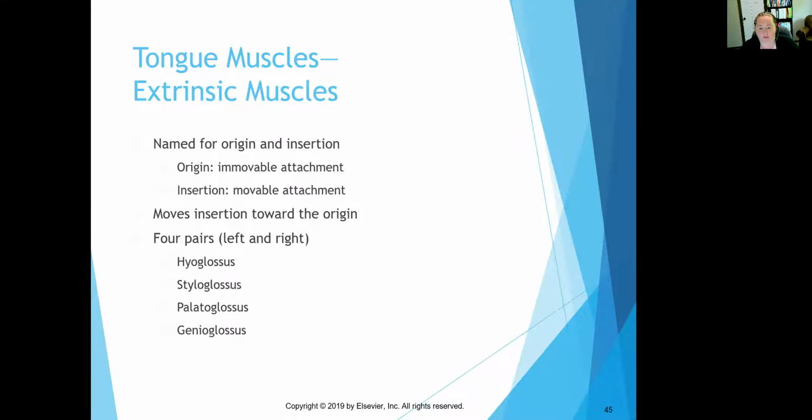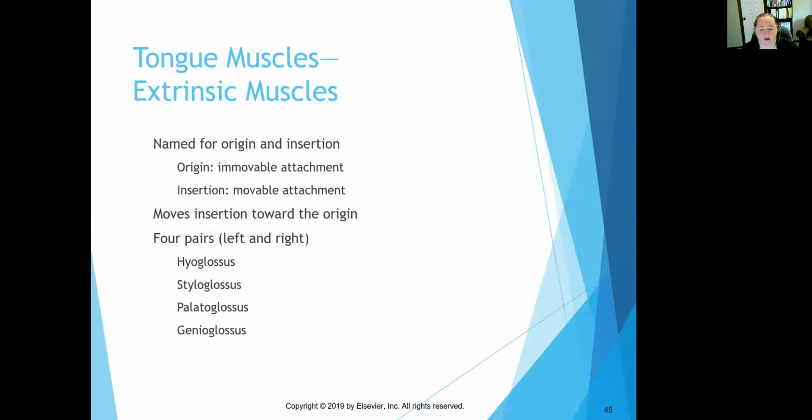Then we have, again, our extrinsic muscles. Origin is the immovable attachment, and the insertion is the movable attachment. So it's going to insert in the tongue because that's what we want to move. So it moves the insertion towards the origin. So we have 4 pairs.